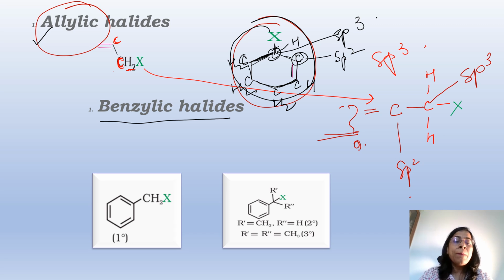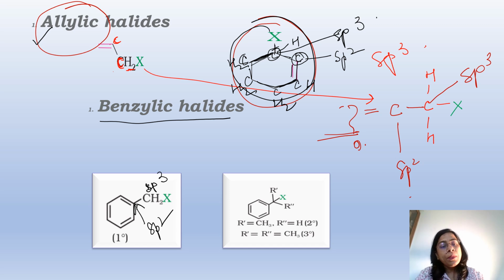So therefore, this is a 1 degree carbon, which means it is sp3 hybridized, but its adjacent carbon is sp2 hybridized.